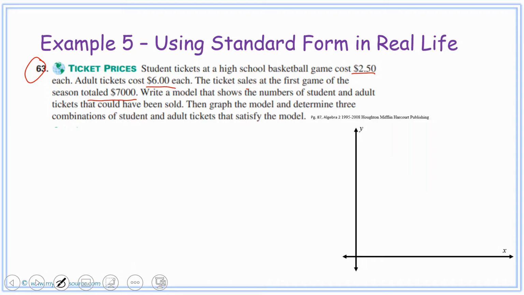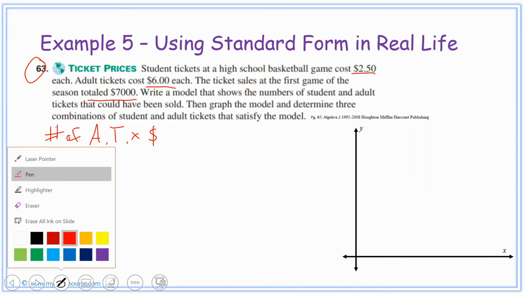And so we know that it's going to be the number of adult tickets times the price of the tickets. I'm trying to use space wisely. This doesn't look sharp. Let me do this one over.